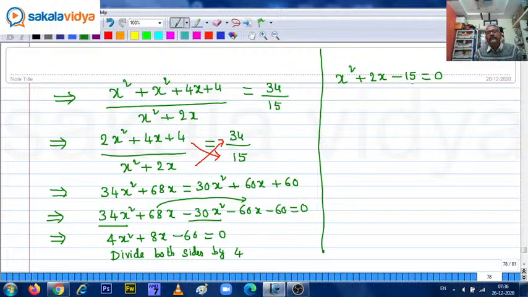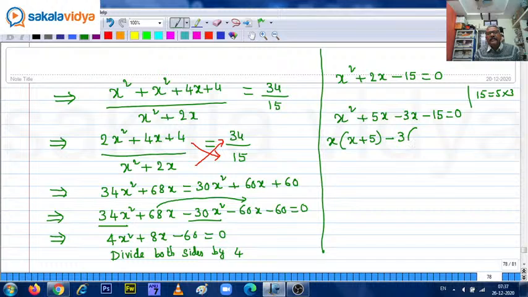Very simple factors. The factors of 15 are 5 into 3. But we need plus 2, so 5x minus 3x we can write. x square plus 5x minus 3x minus 15 equals 0. From the first two terms take x common, you get x plus 5. Next take minus 3 common, you get x plus 5.